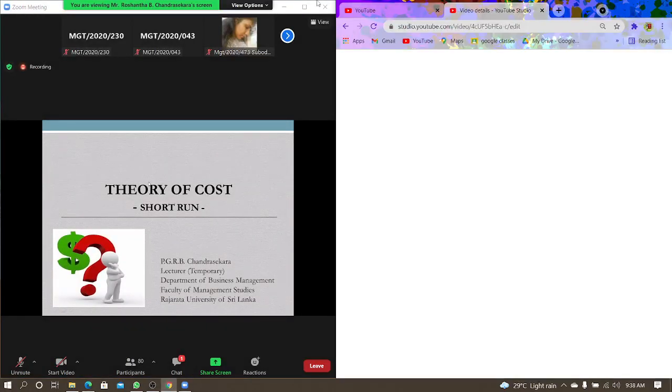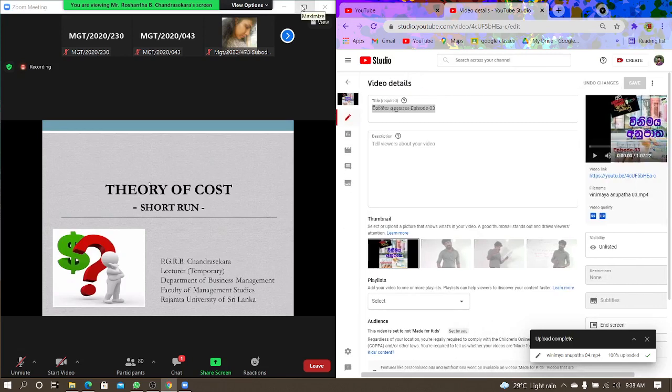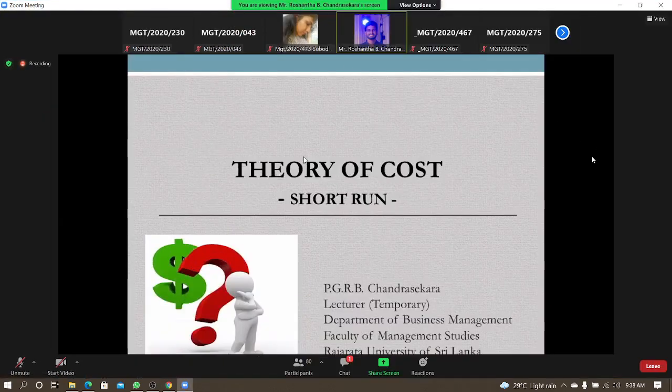And then we went for the ordinal approach, or the indifference curve approach. In there, we identified the optimum combination of goods and services that the consumer can take is at the place where the indifference curve is tangent to the budget line, right?